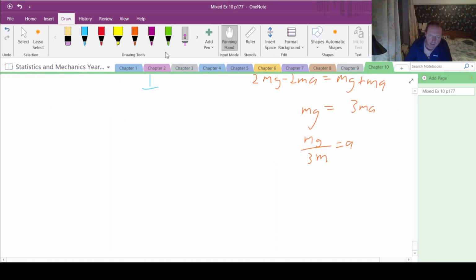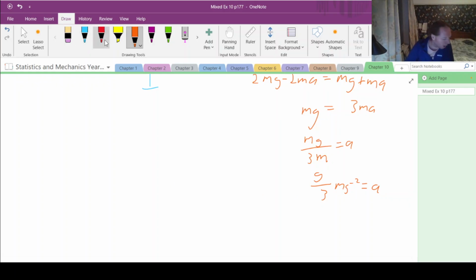Cancel out the m's, and g over 3 meters per second squared is equal to a. Acceleration is a third of gravity.